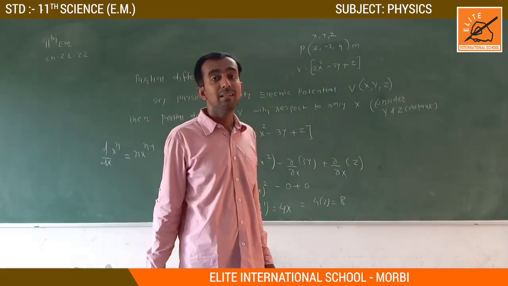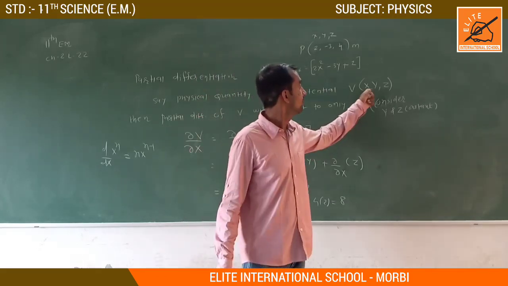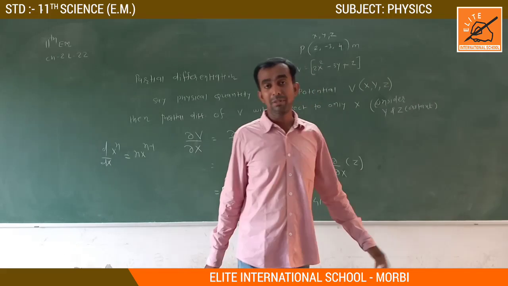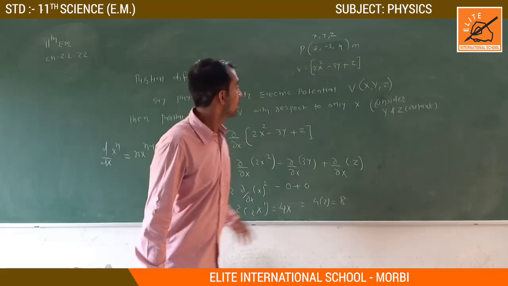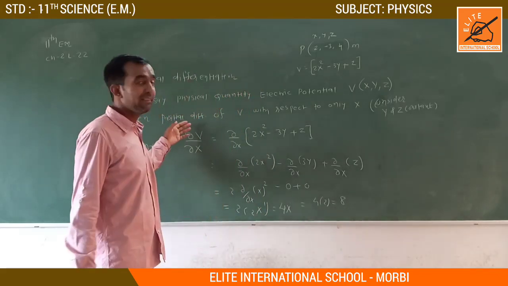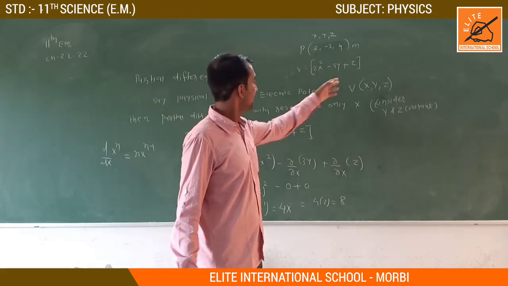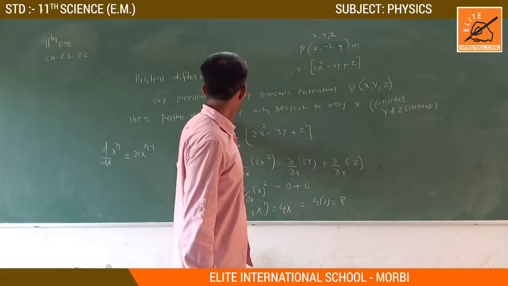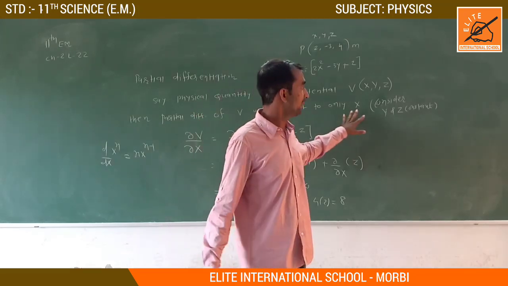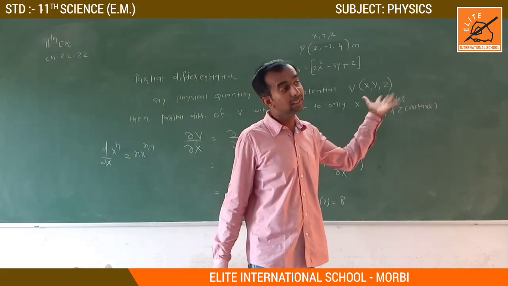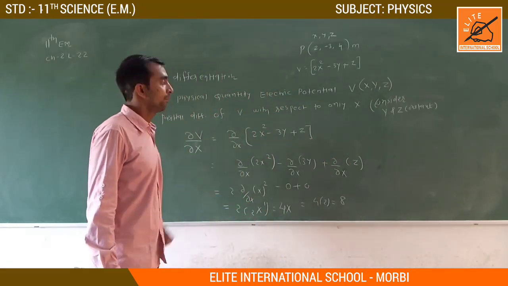Here potential is in how many dimensions? 3 dimensions, x, y, z. So it consists of x, y and z. Now partial differentiation means what? If v is in 3 dimensions, partial differentiation means with respect to only x, and y and z are ignored. This is partial differentiation. Then you will get some answer.